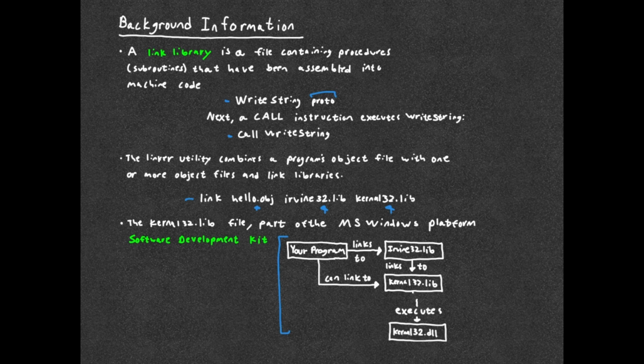Your program can also just link to kernel32.lib, which executes kernel32.dll. For now, our programs will link either to irvine32.lib or irvine64.lib, but later on, we will go over how to link programs directly to kernel32.lib.